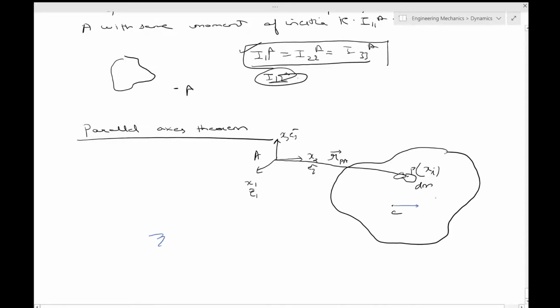This is called x2 bar, this is called x3 bar, and this is called x1 bar. Now the coordinates of this point P in this blue coordinate system are xi bar, and from over here you call this vector RPC.